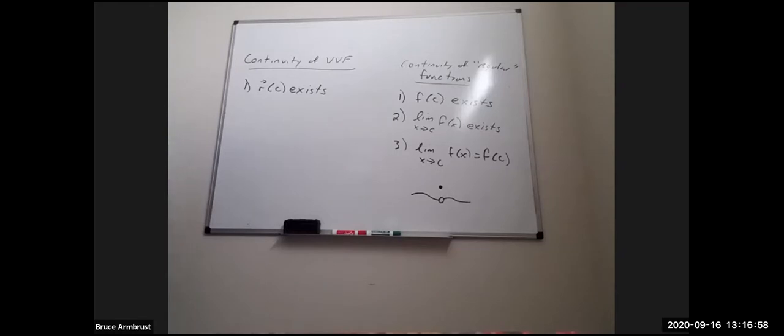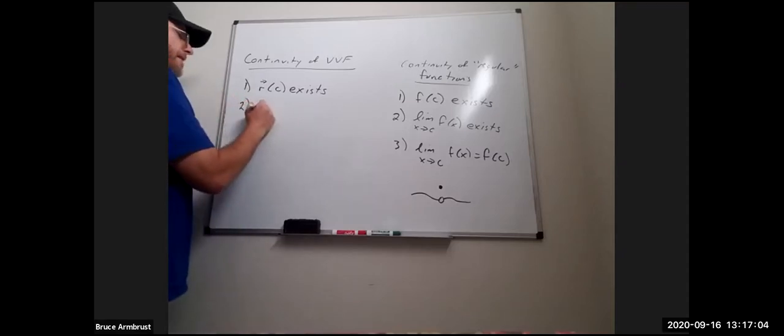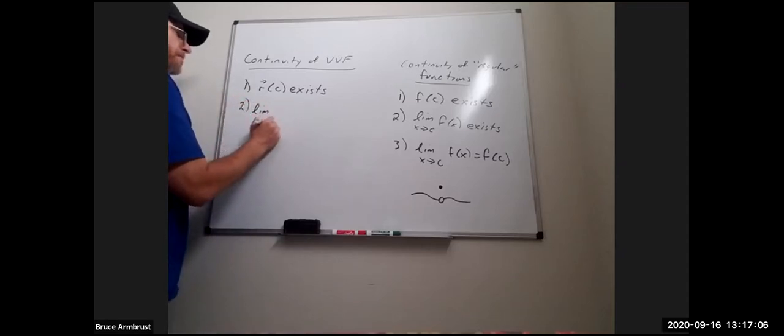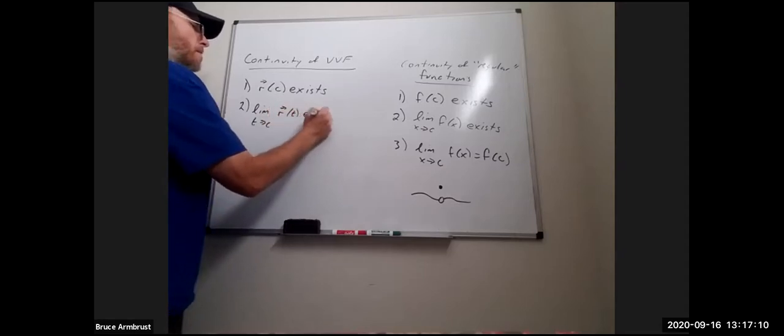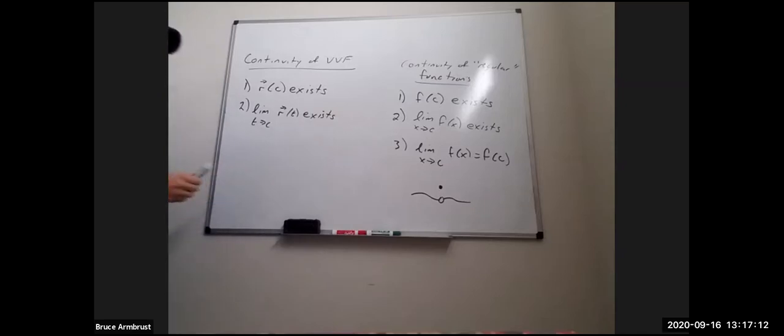So at c, there is a vector. There also has to be a limit. As we're getting closer and closer to c, the vectors are approaching a specific vector L. And then we just have to ensure for continuity that these things are equal to each other.